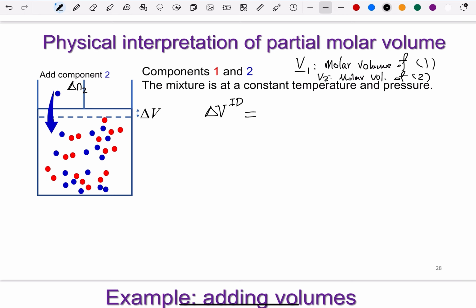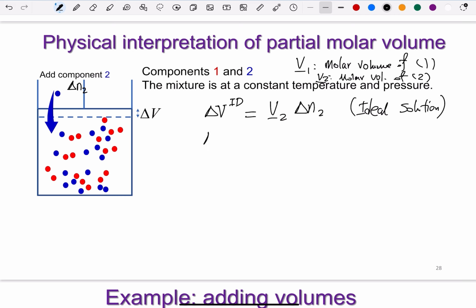So I have V1, V2 molar for pure components. I'm adding some amount of moles. How much volume am I adding? It is going to be the number of moles that I am adding times the molar volume of that component, right? So this is the volume that I'm adding to the system. So it is just going to be V2 delta N2. So this is my ideal solution law.